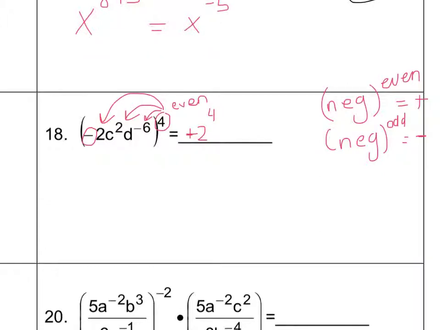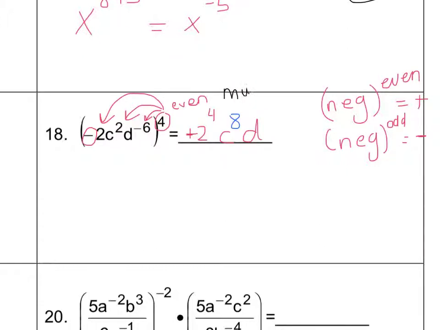Now, so we have 2 to the 4th and then c. As you can see, there's already a power over here, so you need to multiply 2 times 4, which is 8. And then let's copy the d. Now, as you can see, it already has a power, so negative 6 times 4. So you need to multiply the powers over here.